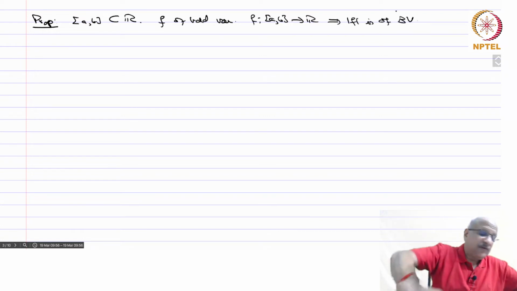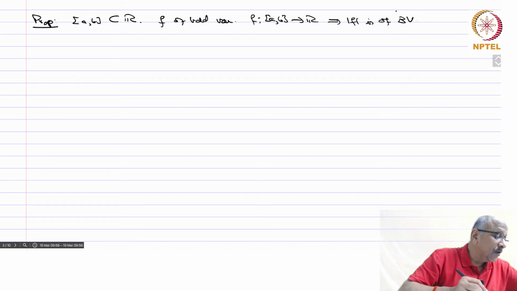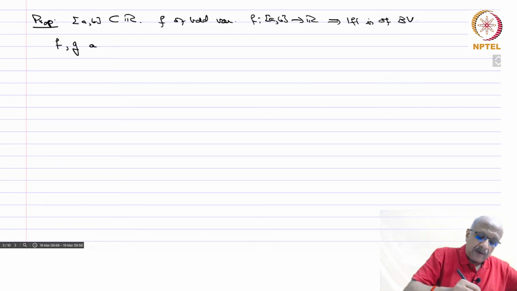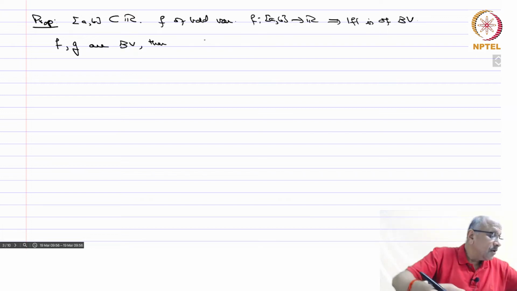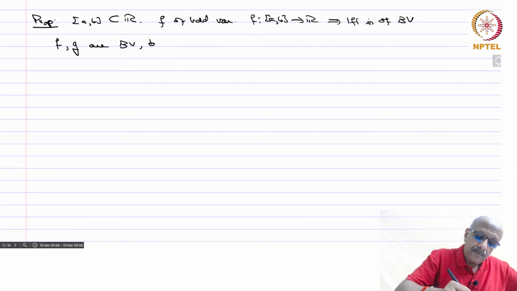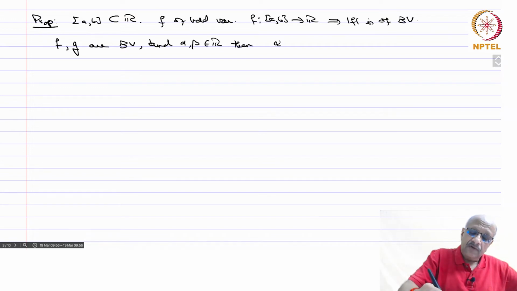I will say BV for bounded variation. Then if f and g are BV, and α, β in R, then αf + βg is BV.